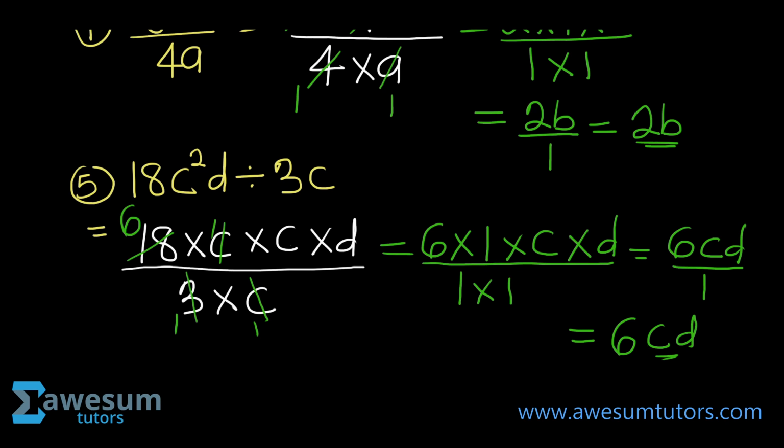Let us take a look at the last example right here. The last example says that you should simplify 1 over 5 of 35y.